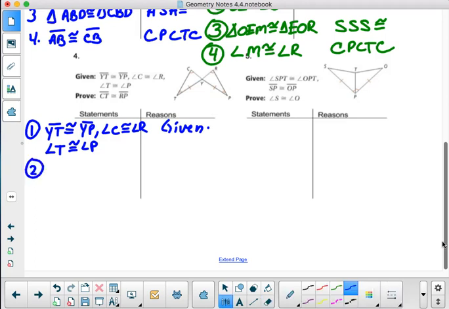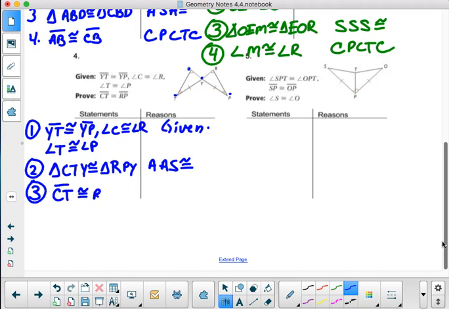So step 2, I've got triangle CTY congruent to triangle RPY because of angle, angle, side congruence. Now, step 3, CT is congruent to RP because of CPCTC.